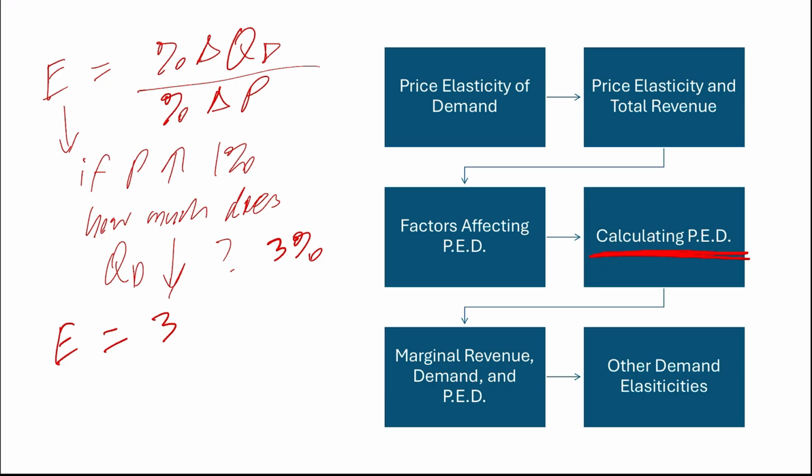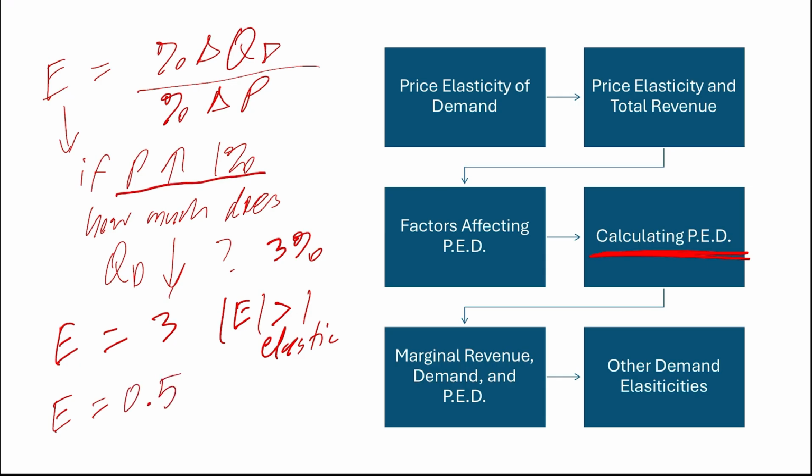In that case, because this elasticity is greater than 1, we call this elastic demand. It's more responsive. People really change how much they're buying when we change the price. And if we look at another scenario, maybe our elasticity is 0.5. So in this case, when price goes up by 1%, our quantity demanded would go down by 0.5%.